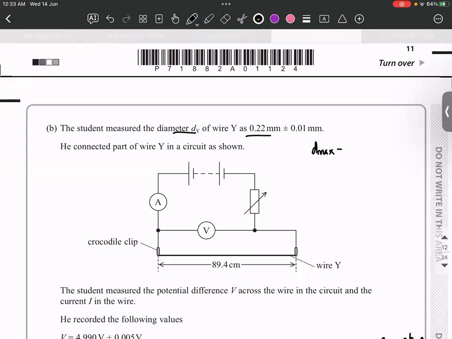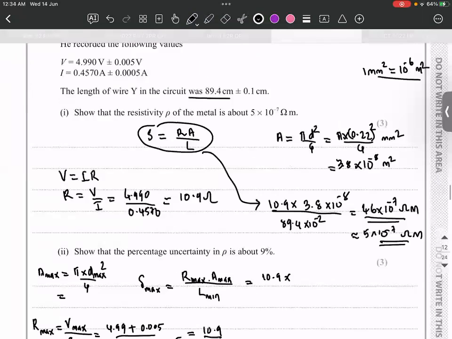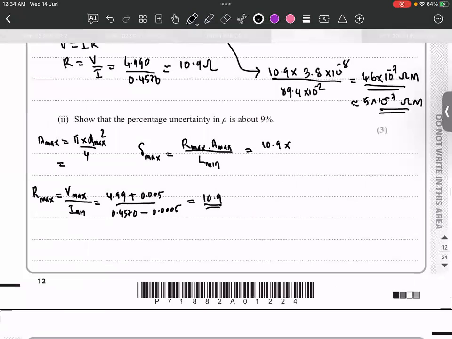So the value of D max is 0.22 plus 0.01, and the D minimum is 0.22 minus 0.01. So if you plug in that value, we will get, I'm writing the answer, 4.15 × 10^-8 meters squared.